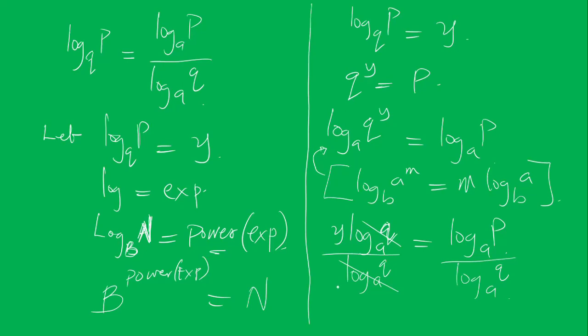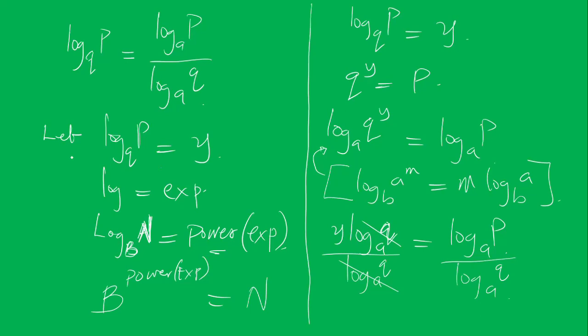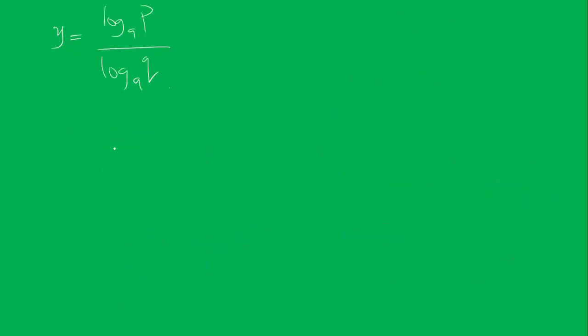You are left with y equal to log p base a divided by log q base a. Now from here, log p base q is equal to y.